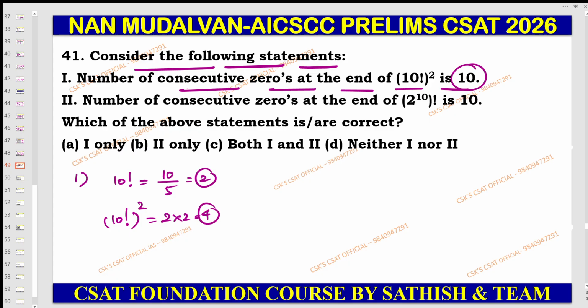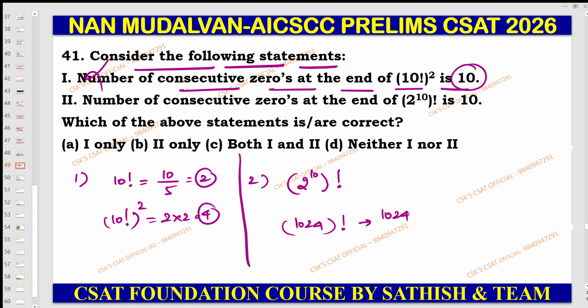Here it is provided as 10, wrong. Even the second one, you have to be very careful. This is 2 power 10 factorial. You know 2 power 10 is equal to 1024. Surely 1024, if it is divisible by 5, it is greater than 10. This is also wrong. D is the correct answer. Understood, everyone?